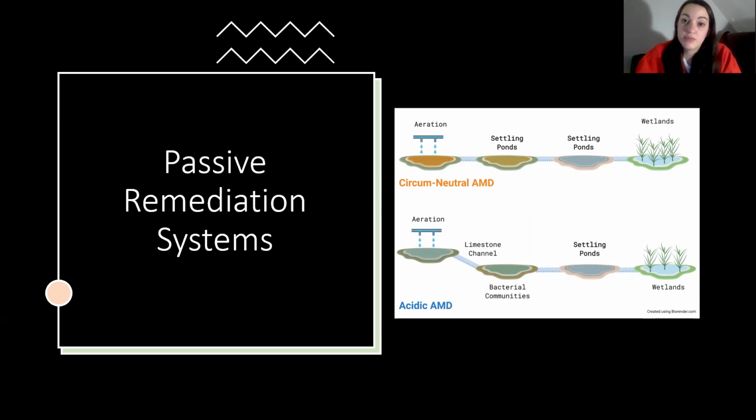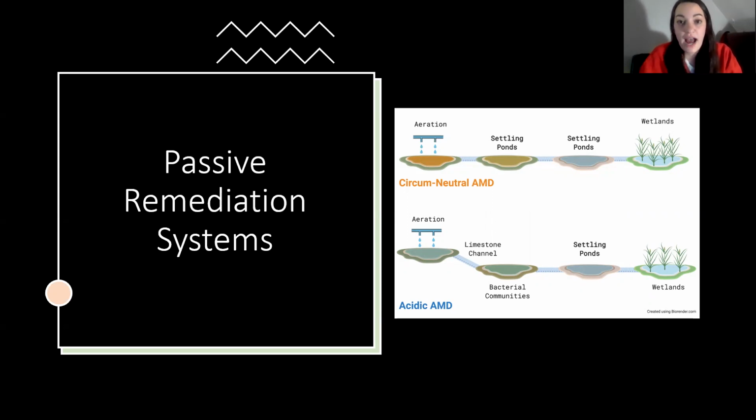Passive remediation systems are far less expensive. They use natural remedies to be able to clean the water, and they don't require as much maintenance as the active systems do. Now, the type of remediation that occurs in these systems is discharge dependent, meaning the type of contamination is going to cause us to tweak the type of system that is going to try to fix this contamination.